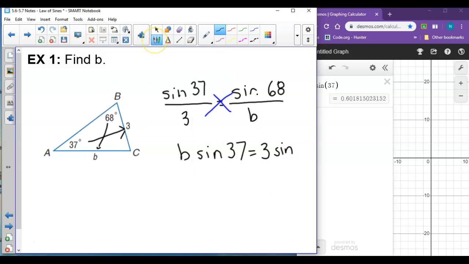All right, and so B right here is what we're solving for. Sine 37 is just a number. Sine 68 is just a number. We could type them all in. I think it's a little bit easier to wait till the end to do that. So I'm going to divide by sine 37.